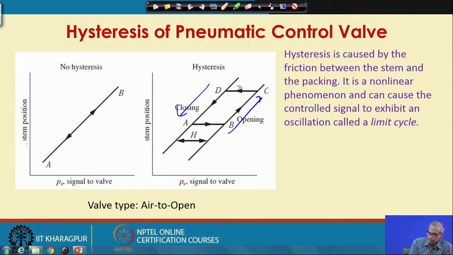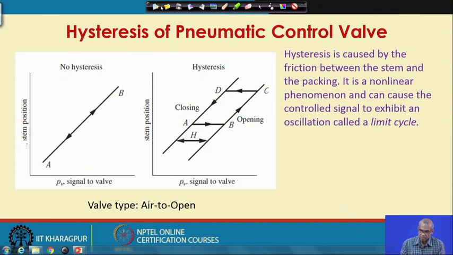The stem position remains unchanged for some time, for a certain value of the signal pressure, and then it starts decreasing. Again, if I want to increase, again for some value of pressure it does not change.